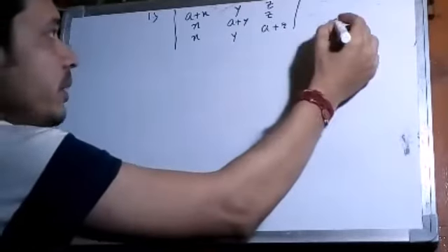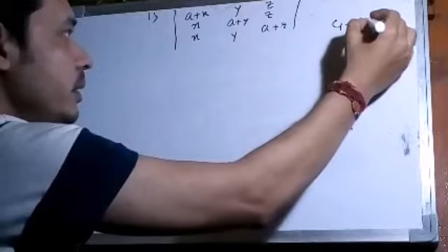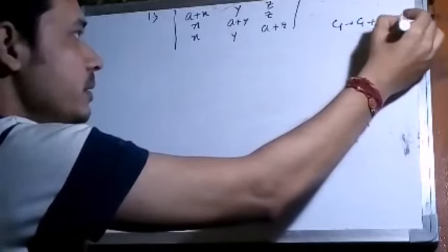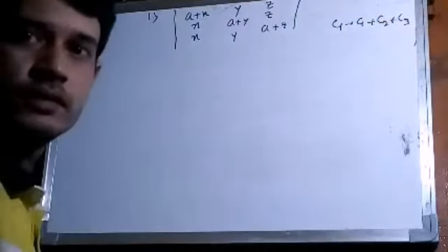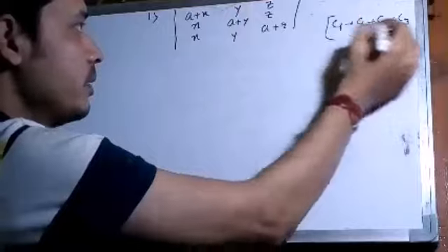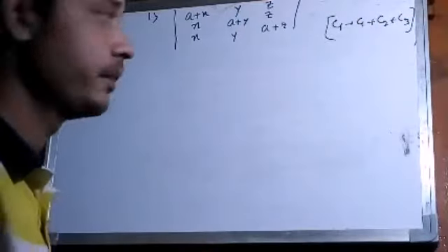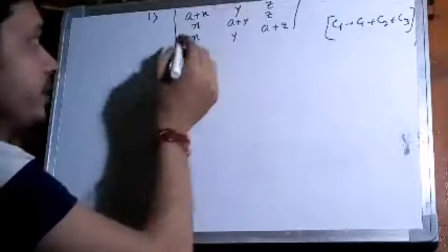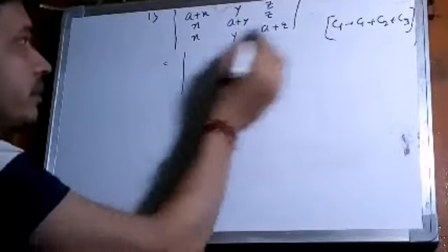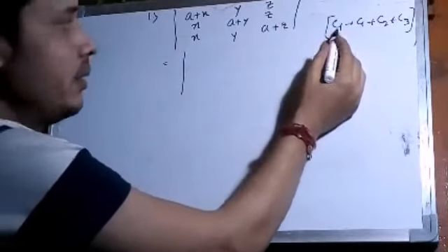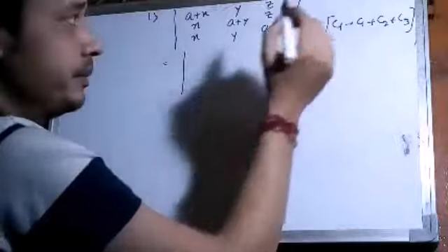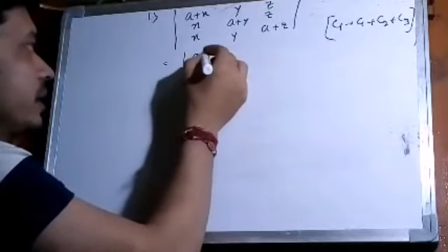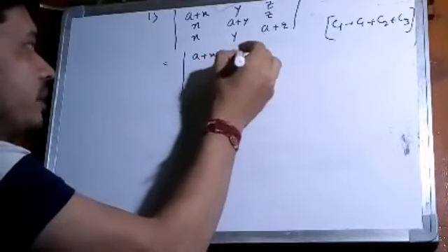So what we operate is C1 operating C1 plus C2 plus C3. Means we are going to add C1 with C2 plus C3. So what we get in the first column, because changes will be there only in the first column, is a plus x plus y plus z.